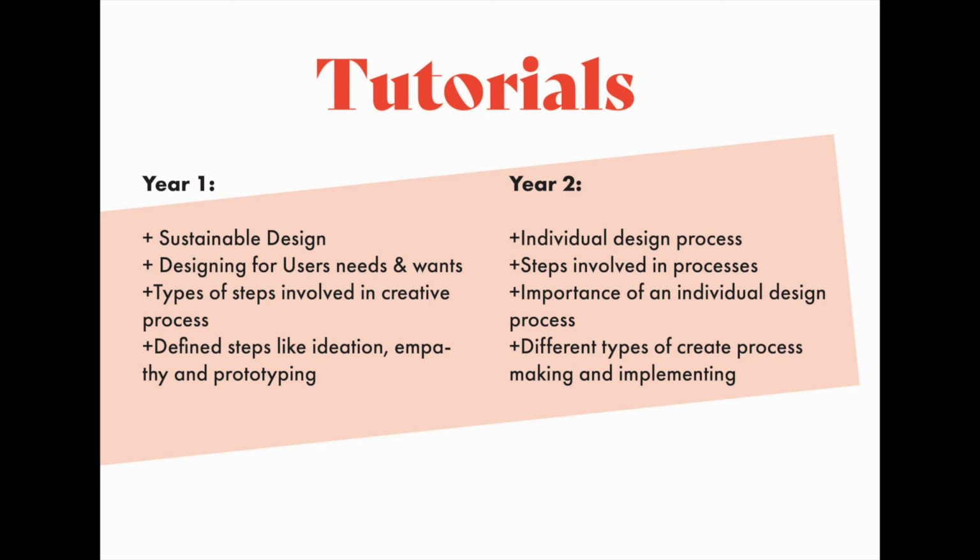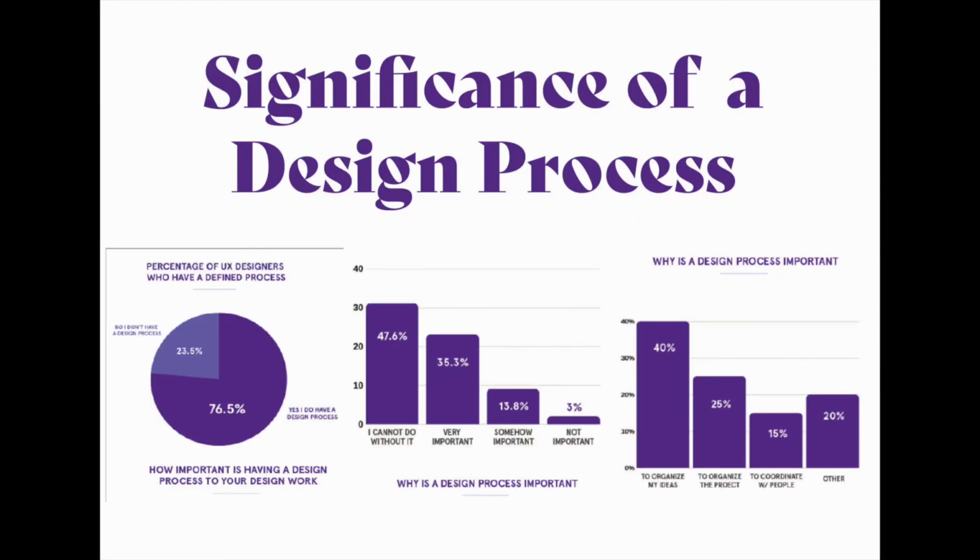This year, in year two, we have studied our design process as an individual and now experienced designer. We have learnt different people's processes, which have allowed me to further explore my own and have an understanding of my own creative process. 76.5% of designers did have a design process, and 50% of designers said that they cannot design without their own process.